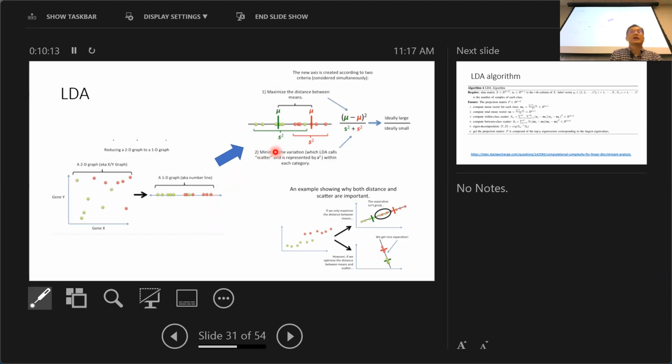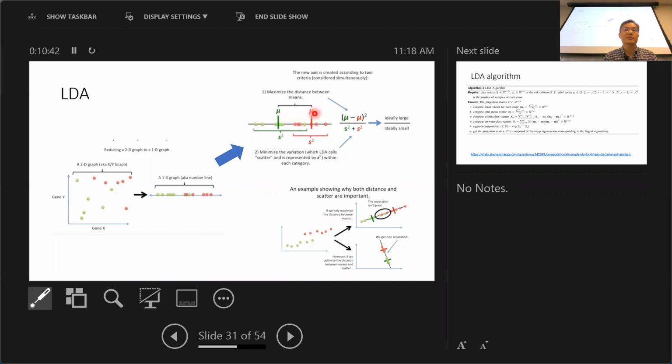Okay, so our objective can be summarized using this equation. You have the mean. Now we reduce the dimension to 1, in this 2D example. So you have your mean for the green ones here, and your mean for the red data points here.